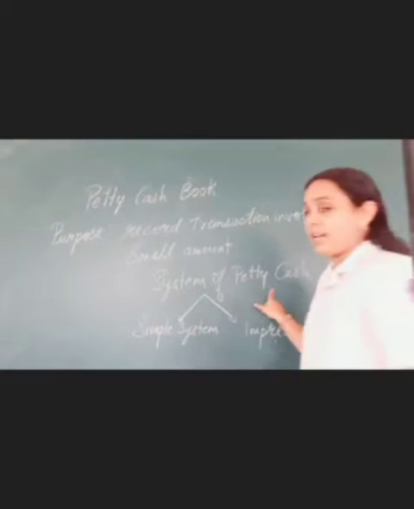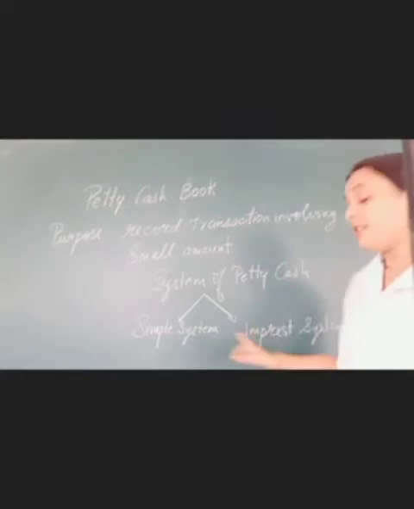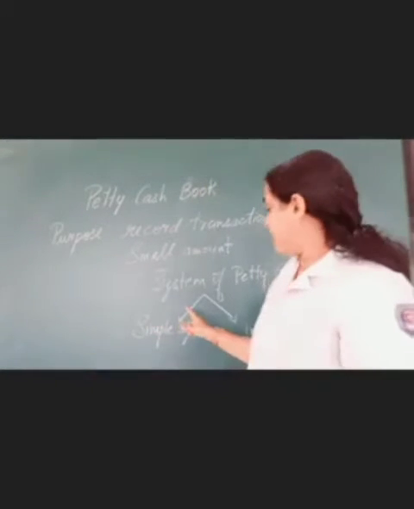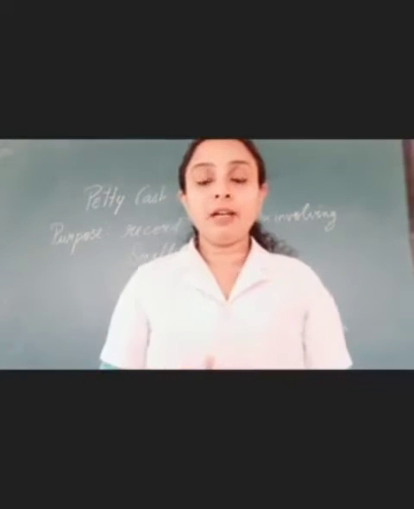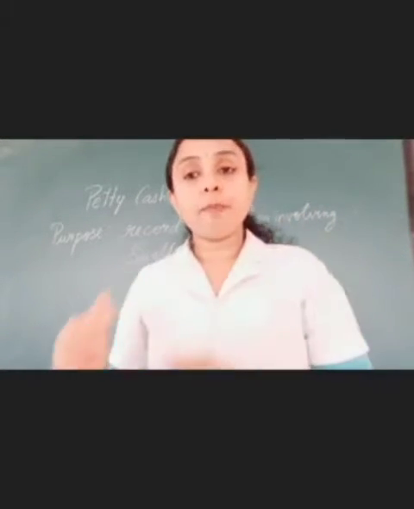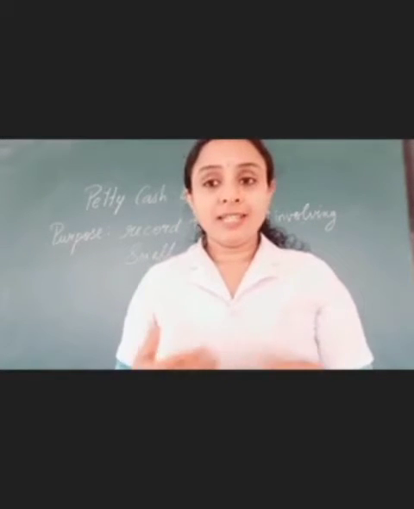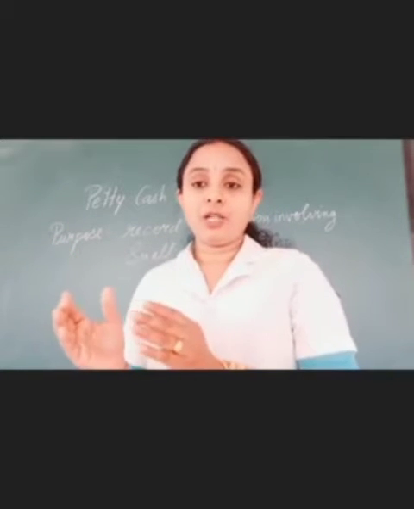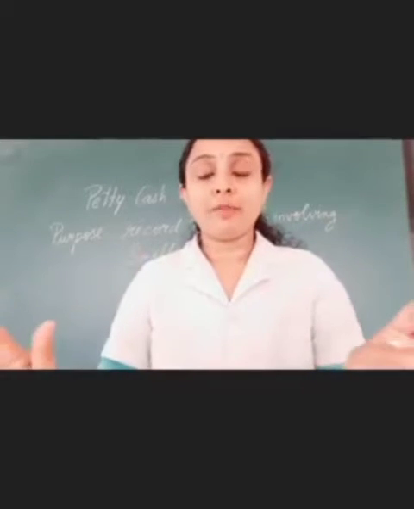There are two systems of recording the petty cash book. The first one is simple system and the second one is Imprest system. In simple system, an appropriate amount of cash is given by the head cashier to the petty cashier, and the record of the same will be handed over by the petty cashier to the head cashier at the end of that month.